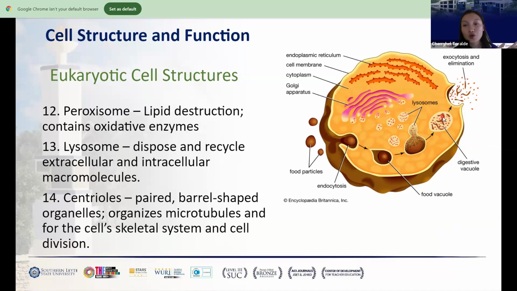Your lysosome will be the one assigned to eat it up and break it down into smaller pieces so that these pieces can still be recycled by the cell. And then if a bacterium enters into the cell, it is also the function of the lysosome to eat it up para mamatay ang bacterium.